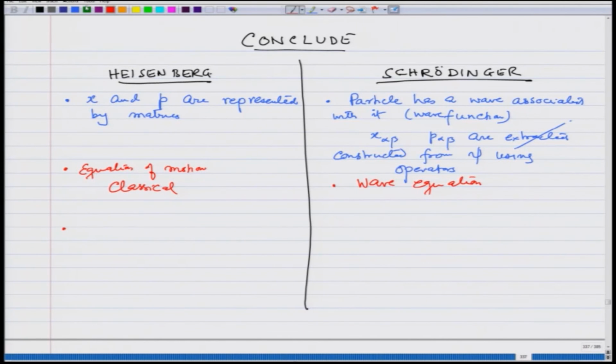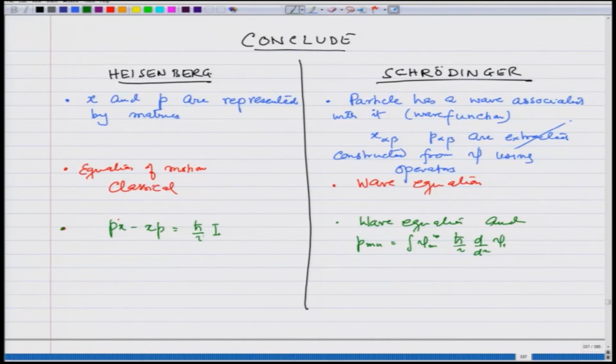Here the quantum condition is Px minus xp equals h cross over i, the identity matrix. Again here I will write wave equation and P mn equals integral psi m star h cross over i d by dx psi n dx, x mn being given as integral psi m star x psi n dx.